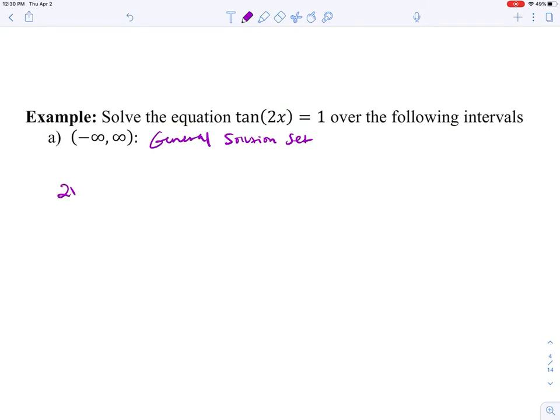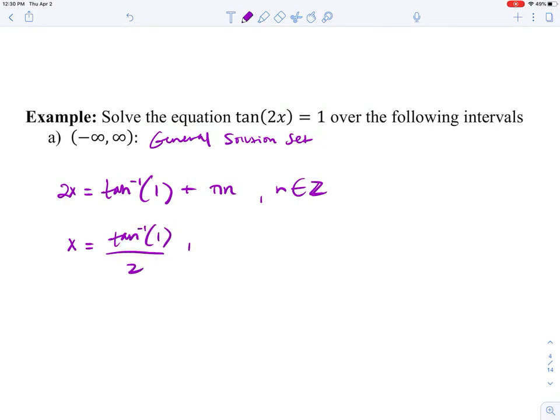So we'll have 2x equals inverse tan of 1 plus pi times n, where n is an integer. And then we can divide by 2, where n is an integer.